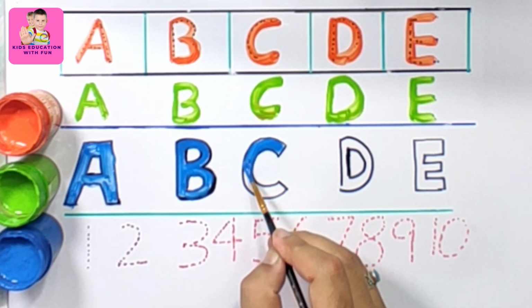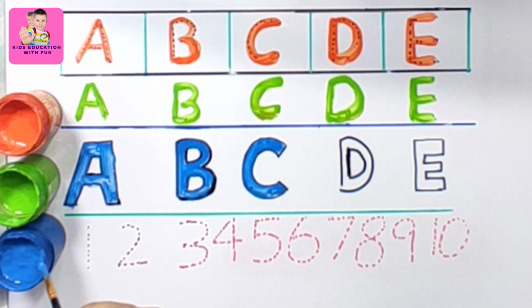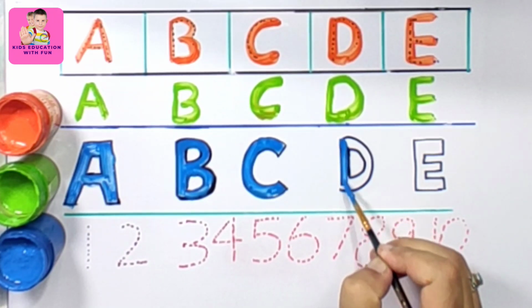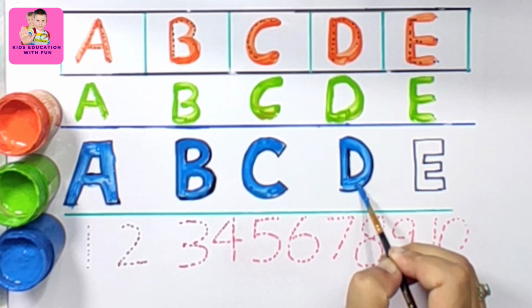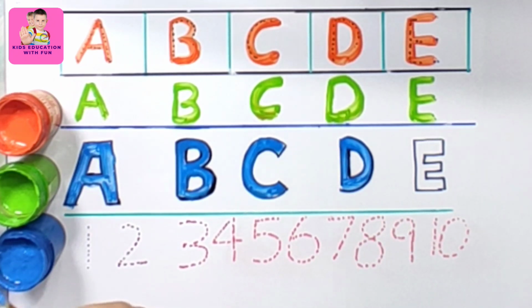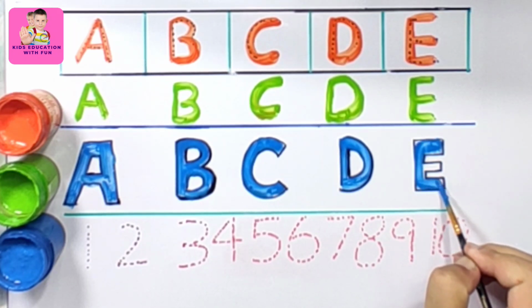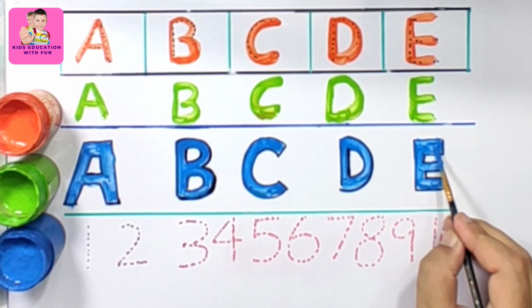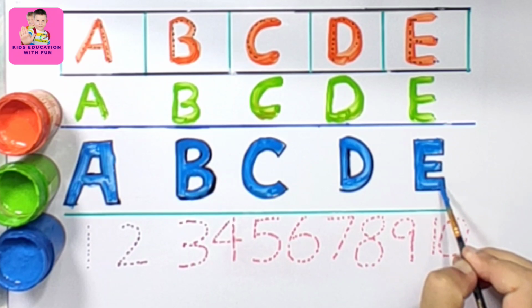C. And then this is dark blue color. D. And the last letter is E. E for elephant. Have you seen an elephant in the zoo?